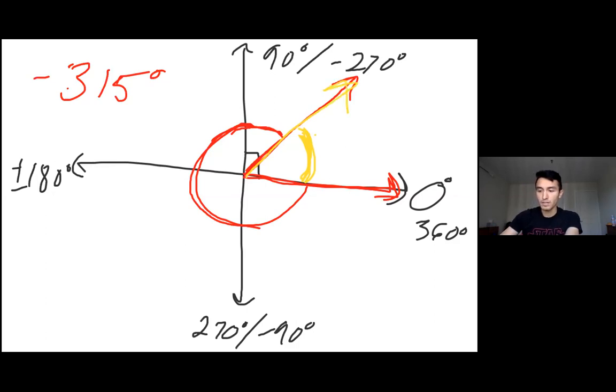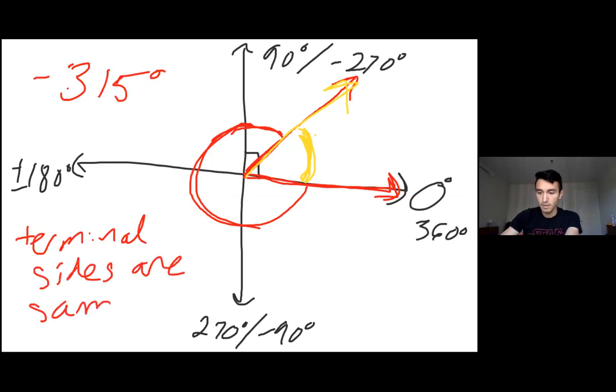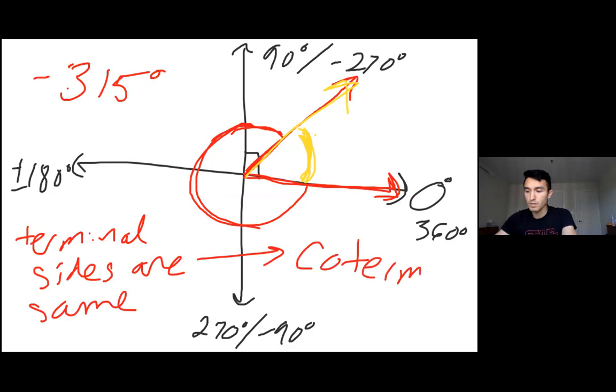So the terminal sides are the same. This means that they're called coterminal. This is in your book again. Coterminal, of course, meaning co, they share, or similar, and then terminal comes from terminal, so they share the same ending point.